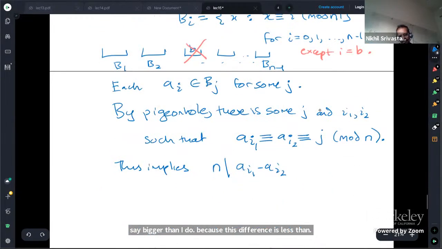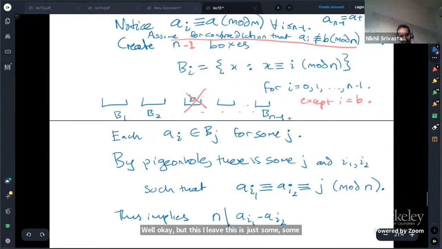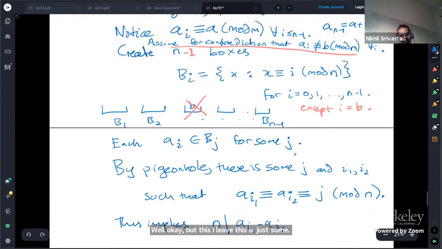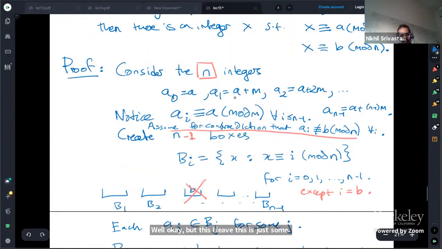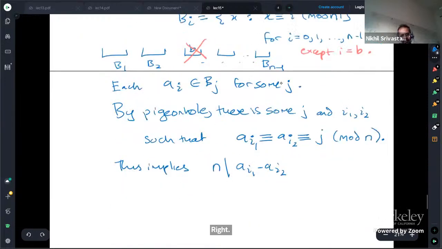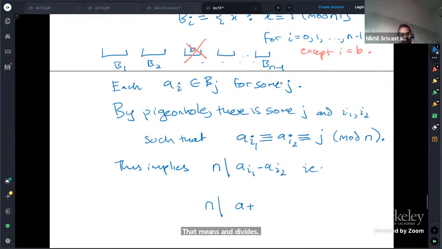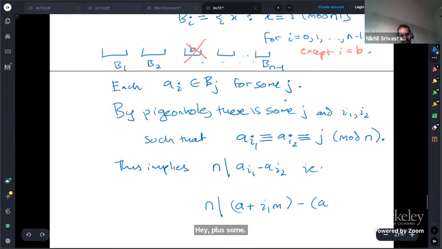So let's see here. n divides a_{i1} minus a_{i2}. Let's just write out what that means. That means n divides a plus i1 m minus a plus i2 m.